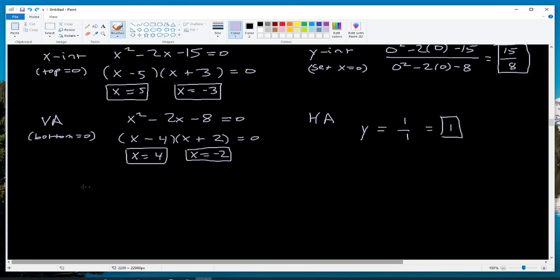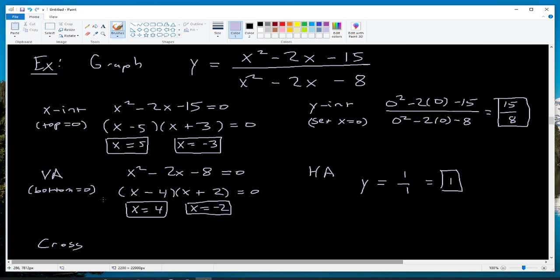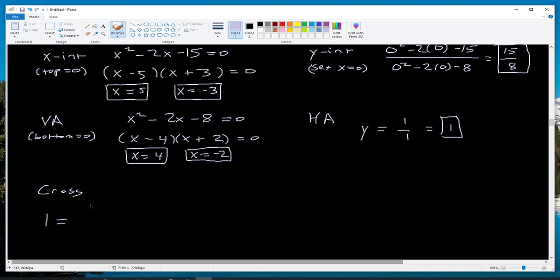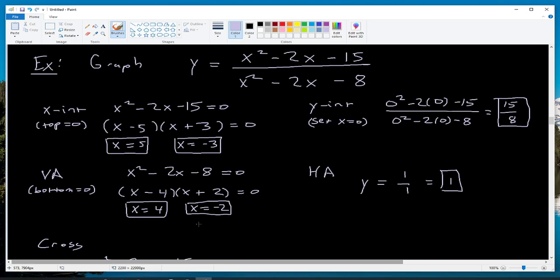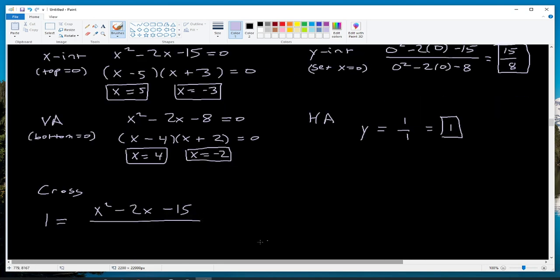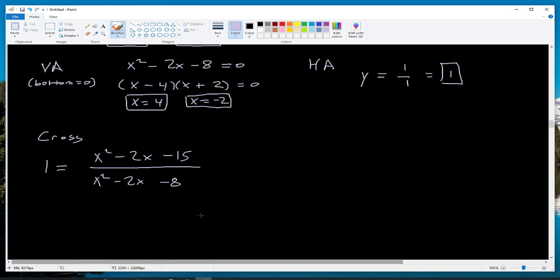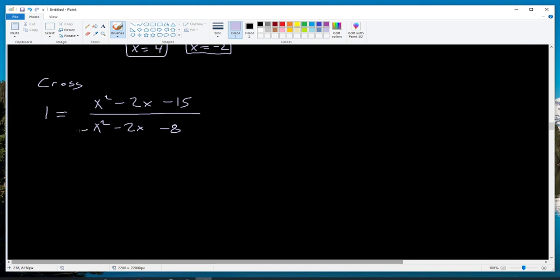The final thing we have to check is, do we cross our horizontal asymptote? So I'm going to set 1 equal to the whole function, x squared minus 2x minus 15, all that over x squared minus 2x minus 8. We multiply this on up.